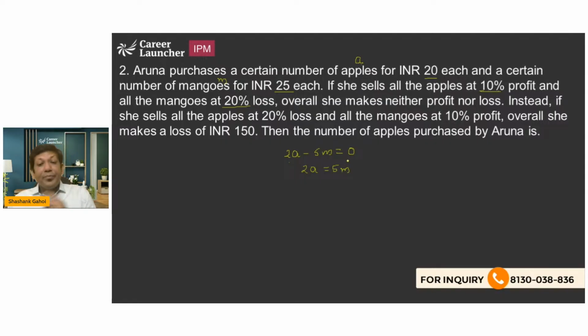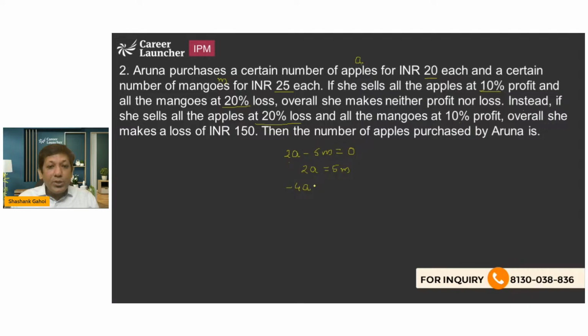Okay, now the second scenario, instead, if she sells apple at 20% loss, okay, so now at apples she is losing 4 rupees. So what is the overall loss? That is going to be 4A. So I am taking loss as negative. And she sells mangoes at 10% profit.